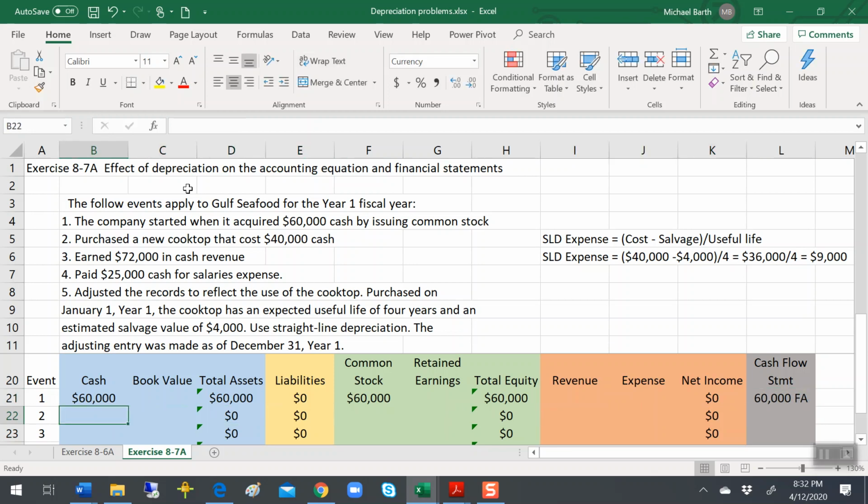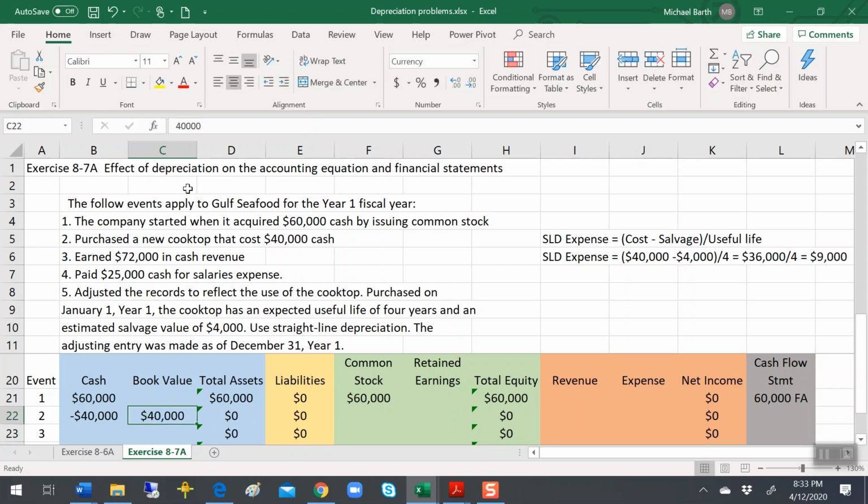Event 2, we purchased a new cooktop that cost $40,000 in cash. So that's a negative $40,000 in cash. But now we have the book value of an asset.